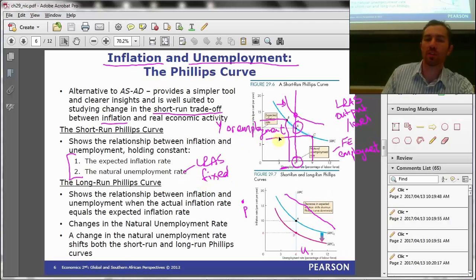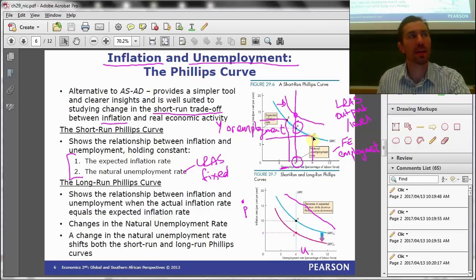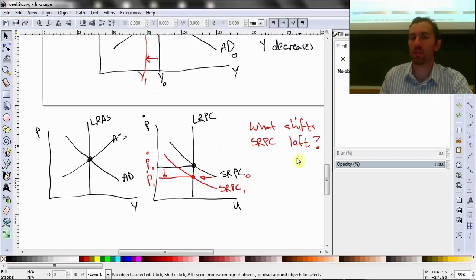So we saw, for example, if we were at a point like point B, our expectations adjust and our short-run Phillips curve shifts to the right. If we're at point C, then given that point C is not at our long-run equilibrium position, the way we return to our long-run equilibrium position is for the short-run Phillips curve to shift to the left. Okay?